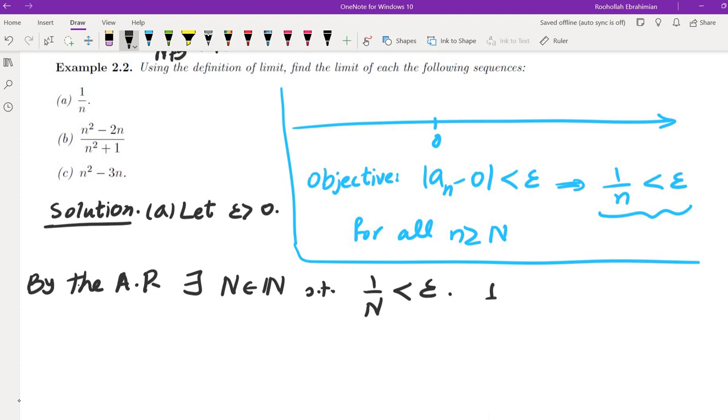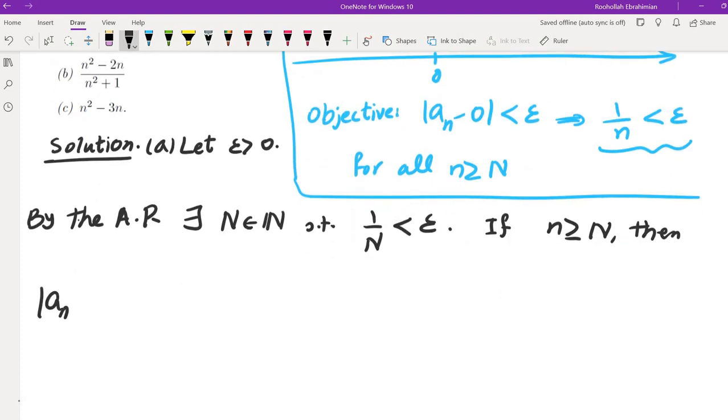Now, if n is greater than or equal to N, then the absolute value of a_n, in this case 1 over n minus 0, which is 1 over n, is less than or equal to 1 over capital N. The reason is that lowercase n is greater than or equal to capital N. If you take the reciprocal of both sides, you get 1 over lowercase n is less than or equal to 1 over capital N, and this is less than epsilon.